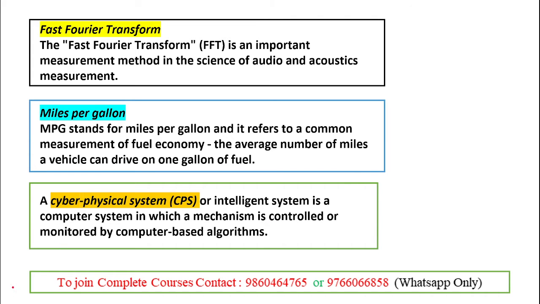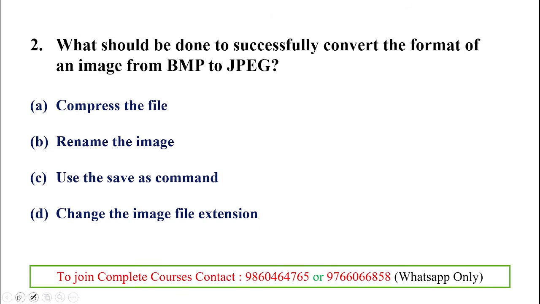Okay, and then next question, what should be done to successfully convert the format of an image from BMP to JPEG? So here you can get two important full forms. One is BMP and the other is JPEG. To convert the BMP into JPEG, you can simply use the save as command.